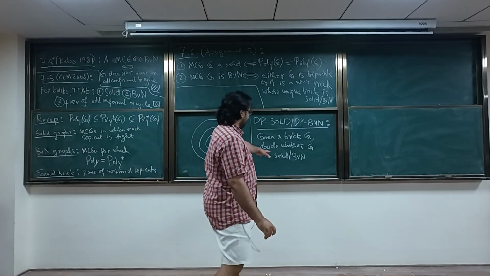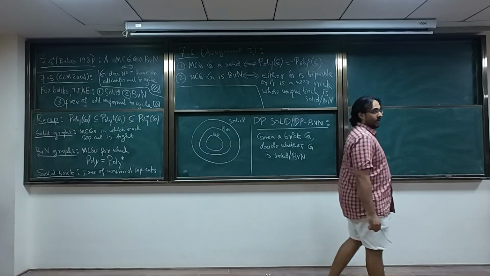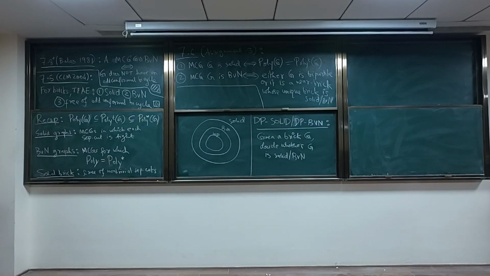And there are many ways to see why this problem is in co-NP. Right? At this point, we have multiple ways of looking at it. Can someone suggest one way to say it is in co-NP? There are at least 3 ways, I think, now. So if I want to convince you that a graph is not solid, a brick is not solid, or it is not Birkhoff von Neumann, same thing. What do I show you?